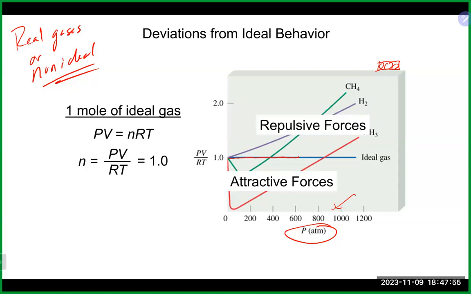Why can we ignore it in an ideal situation? Normal pressures are where? Normal standard pressure is 1, which is like right here. And even if you deviate a little bit more than 1, they're still pretty much hanging out in an ideal situation. You got to get out pretty far in terms of pressures, which we don't usually deal with in normal situations, right? 100, 200, 300 atmospheres to get some really big deviation from an ideal situation.